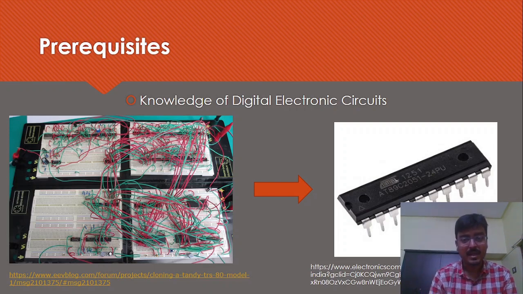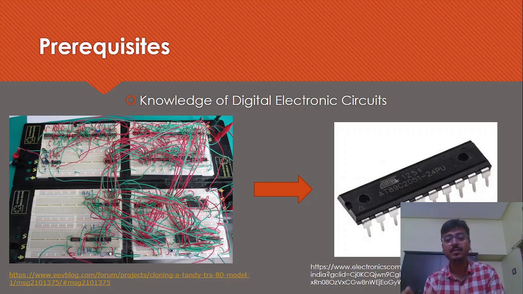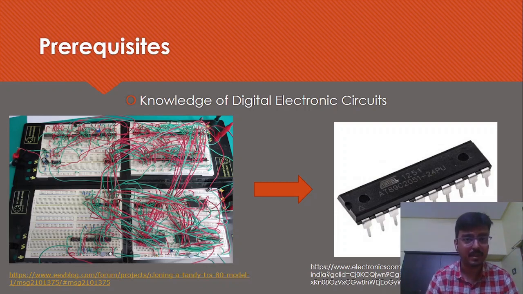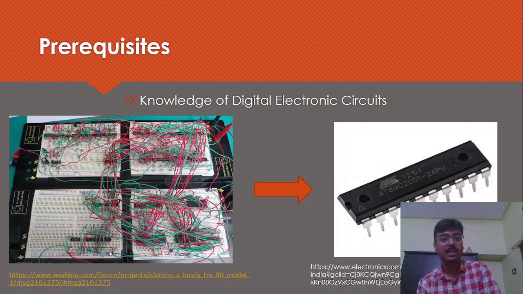So now, how to design this kind of circuit? When you have such a large number of logic gates, first of all, you cannot draw even that circuit on a piece of paper. So what is the way to design this kind of circuit? You must incorporate computer aided circuit design techniques in order to solve this issue.